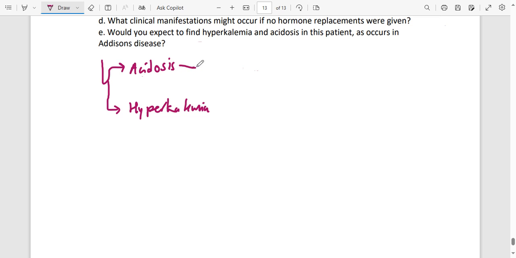The doc has said the renin angiotensin system is not under the effect of the pituitary gland. But remember, the pituitary gland produces some hormones that help in electrolyte balance, like aldosterone and antidiuretic hormone.